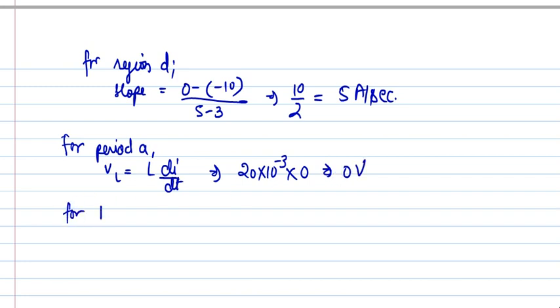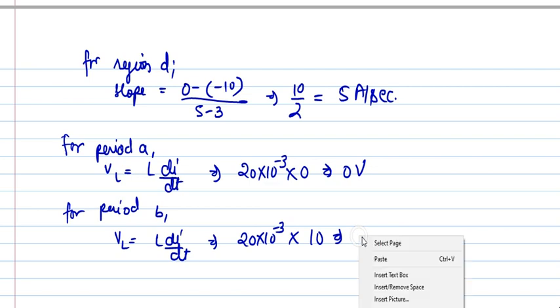And for period B, voltage across inductor is equal to L into di/dt. That is equal to 20 milli into di/dt, which for period B was 10. So here we will have 20 into 10, that is 200 into 10 raised to the power minus 3. It is equal to 0.2 volt.